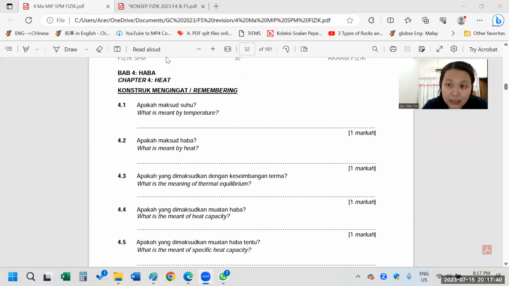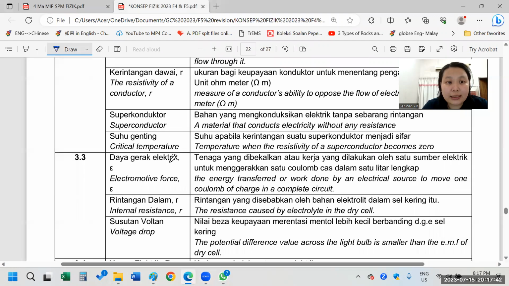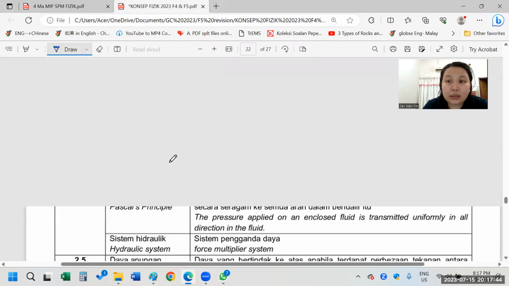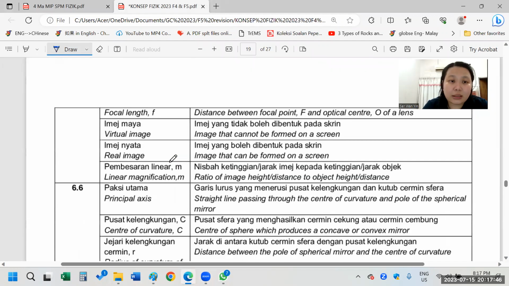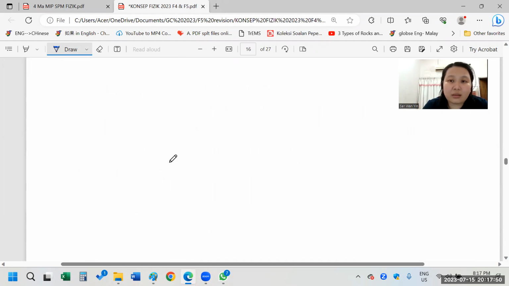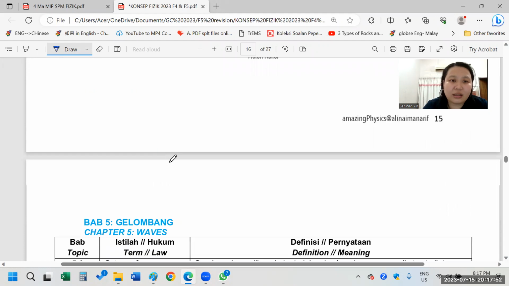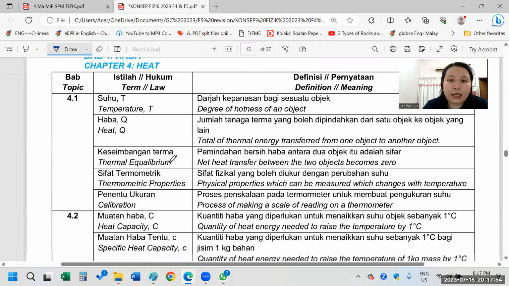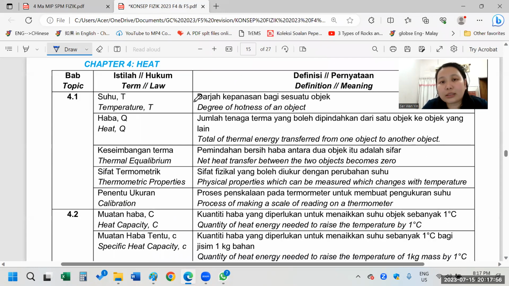So now you know where to get it. Ta-da! The definition. In case you don't want to flip back to last year's book, just find it here. Degree of hotness. As long as you have these keywords, 1 mark.